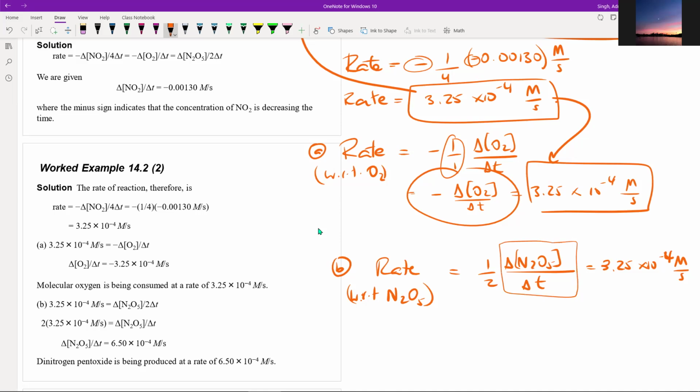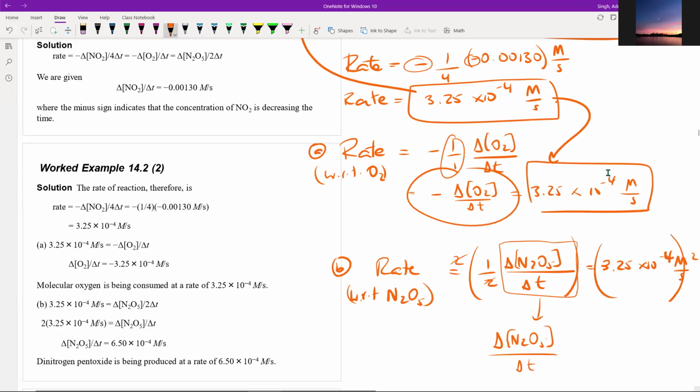What I need to solve for in this is just this part of the expression. So if I rearrange my equation and isolate this on one side, I need to multiply both sides by 2. In other words, take this, take that, multiply it by 2, the 2's cancel. So I end up with delta N2O5 over delta T on the left, which is what I want to get. That is what I'm trying to determine here, right?